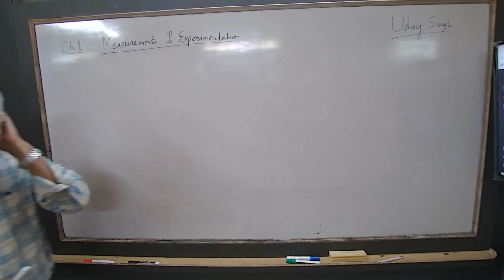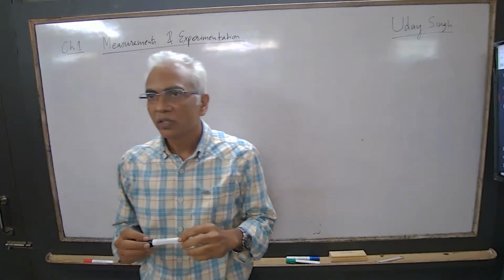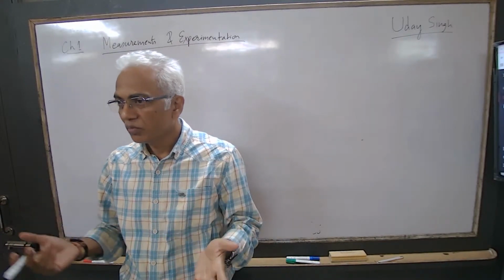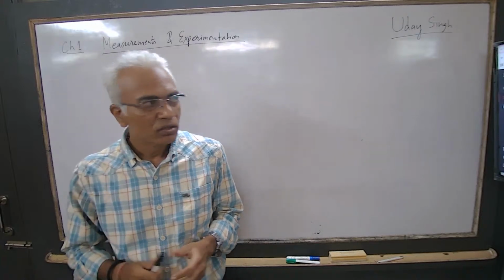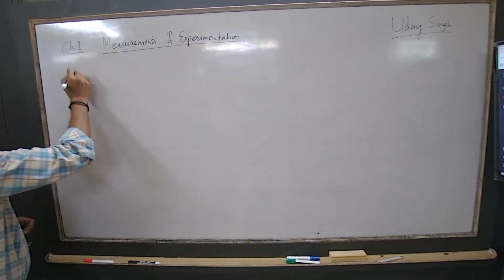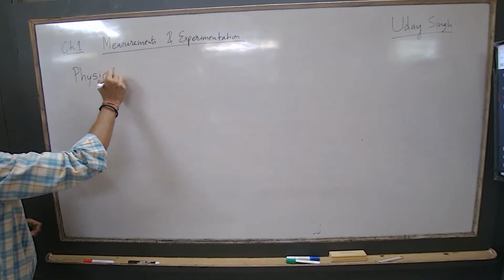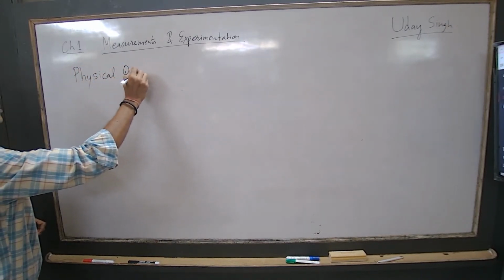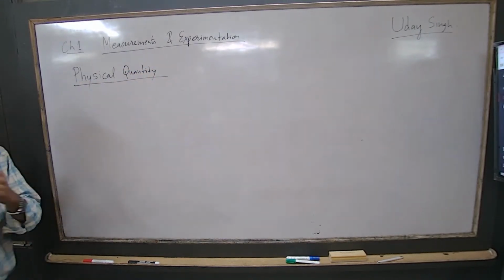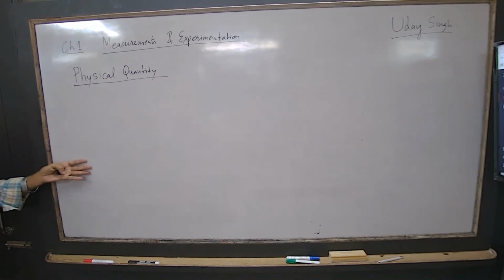Now, as you know, physics is an experimental science, right? And in experiments, we need to measure physical quantities and express the measurement. Physical quantity is something that can be measured. Let us define what a physical quantity is. In experiments, we basically end up measuring various physical quantities.